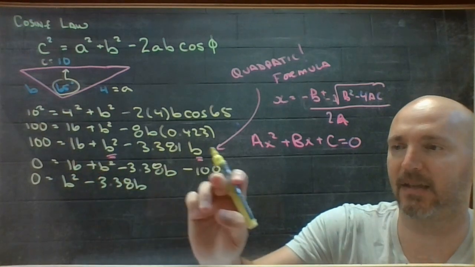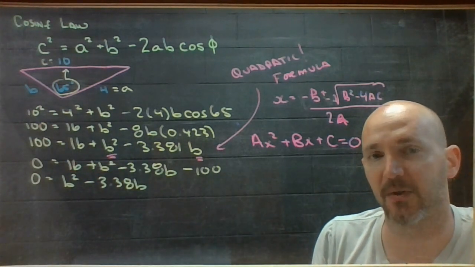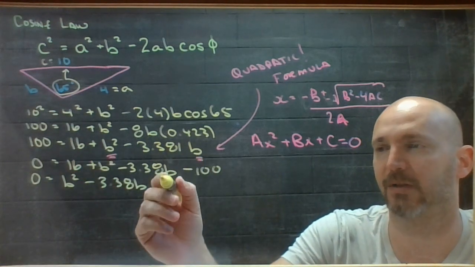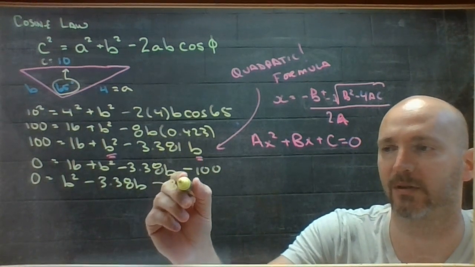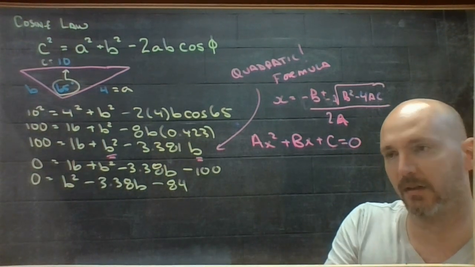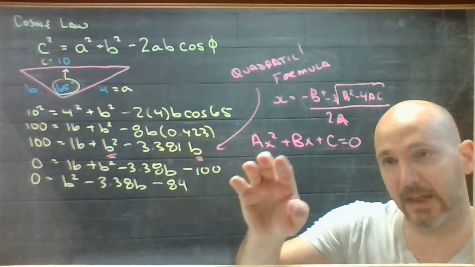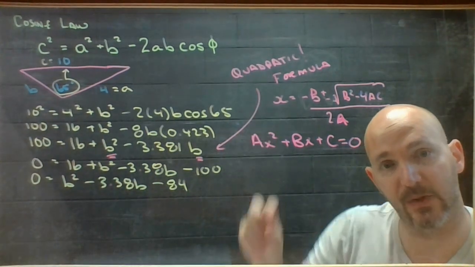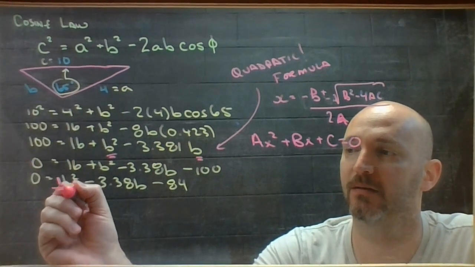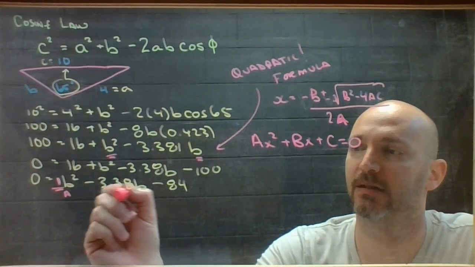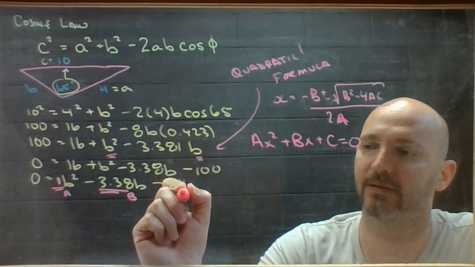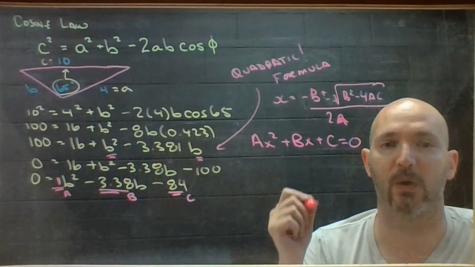And then 16 minus 100, those are just numbers with no letters attached, so I can combine them. 16 subtract 100 would be negative 84. So I have this thing in that format, which means I can use my quadratic formula now, putting in a 1 for the a value, negative 3.38 for the b value, and negative 84 for the c.